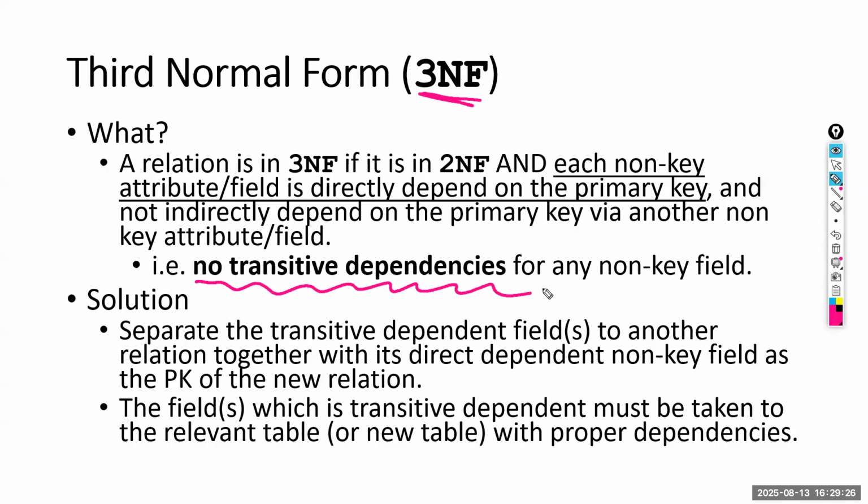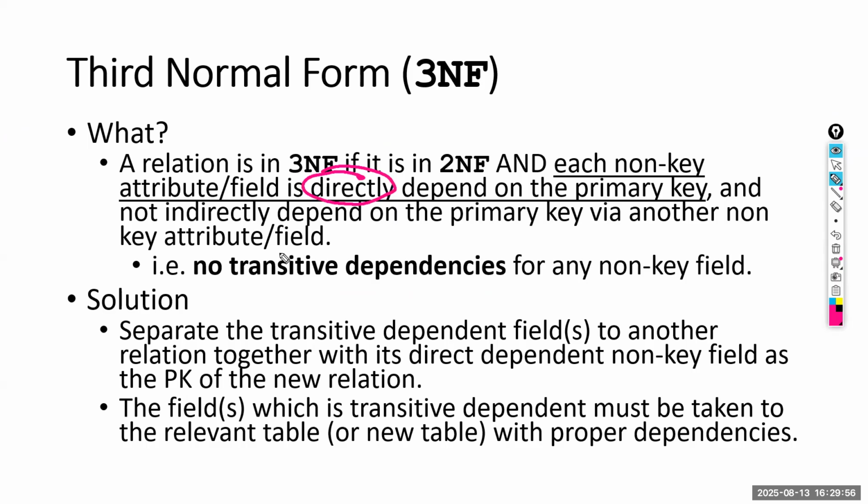We say that your database is in third normal form if all your tables are in second normal form, and that means we check this only after it's already in second normal form, and each non-key attribute or field directly depends on the primary key. Directly, the most important thing is directly depends on, not indirectly.